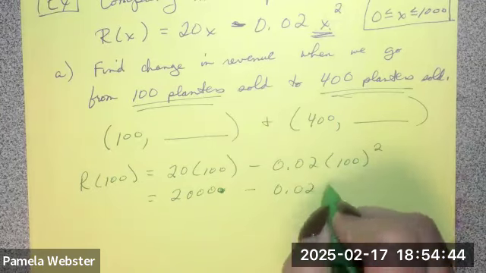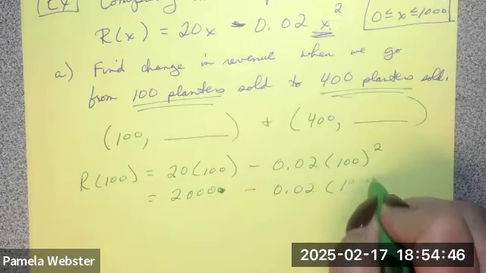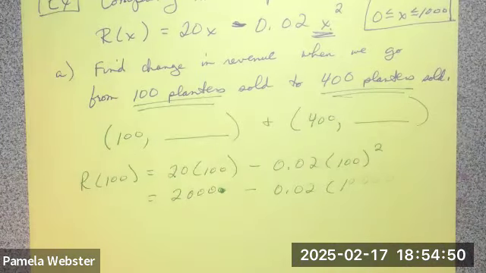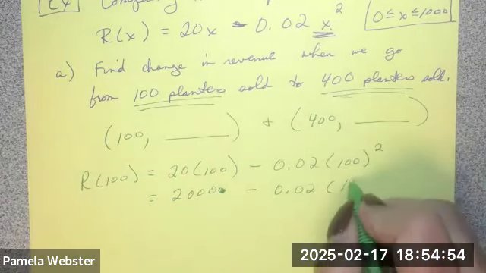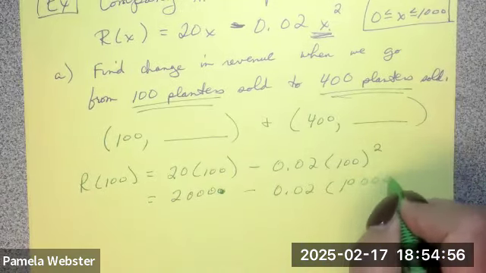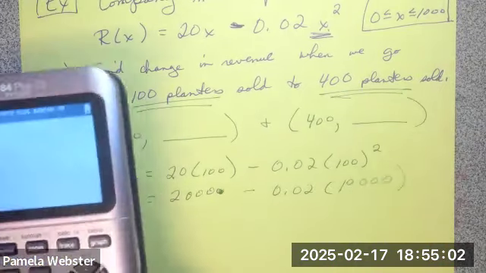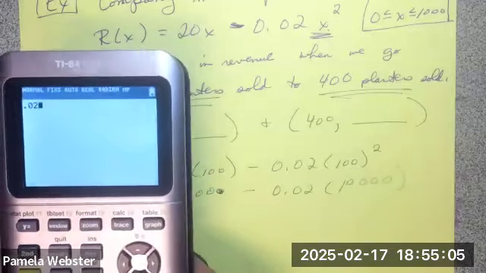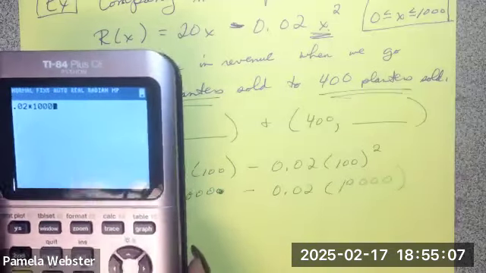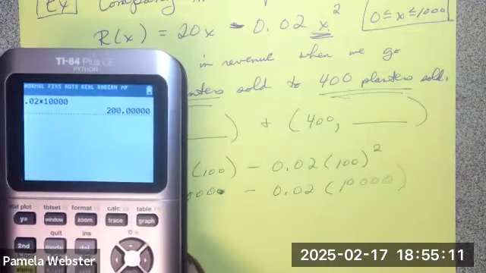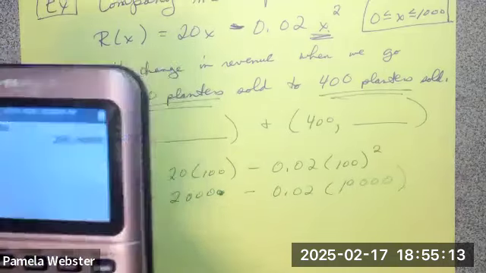So 0.02 times 100 squared is going to be 10,000, right? Because it's 4 zeros. Okay. Now let me do that step again, because 0.02 times 10,000. Get enough zeros in there, I think. That's 200.